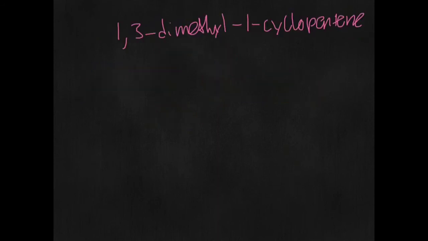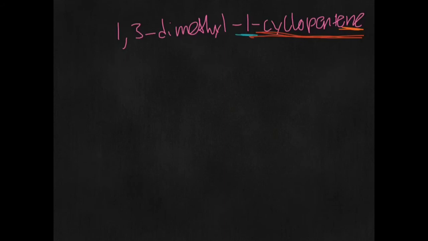To see an example like this, we can first notice, as we did in the previous example, this part right here, and that there's going to be a double bond because we have our ene present, and then we know that it's going to be in position 1 because we have that 1.